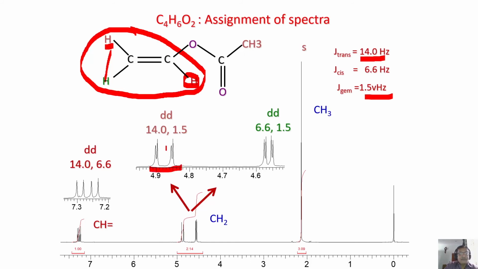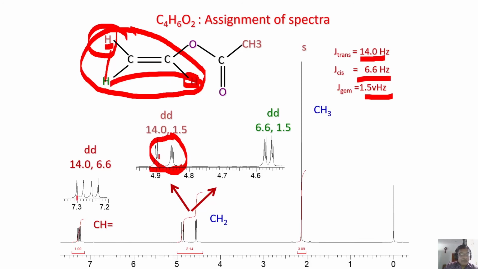That has to be this. This large doublet is the trans coupling, and the small doublets are because of the geminal coupling. I would say this is this proton. This is this proton. I can assign it. Now I come to this proton. This proton has a trans coupling of 14 Hertz and a cis coupling of 6 Hertz.